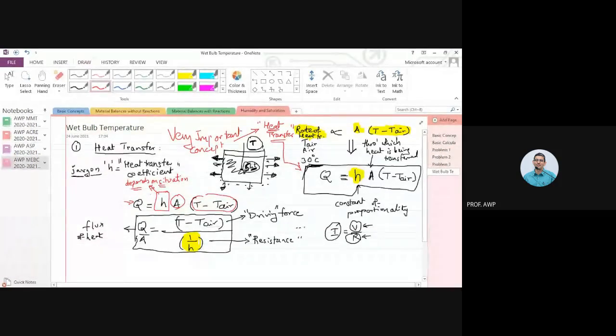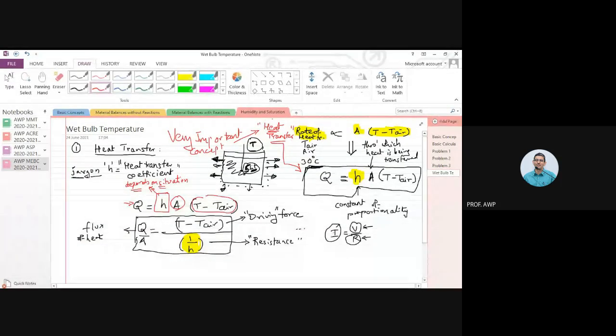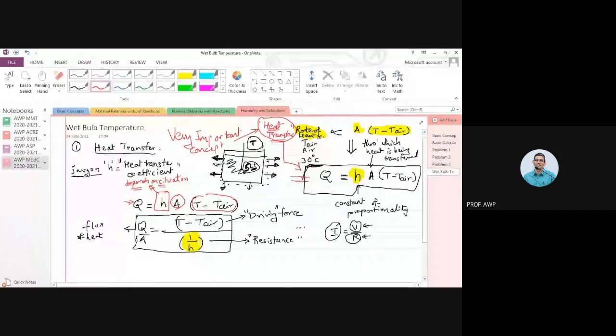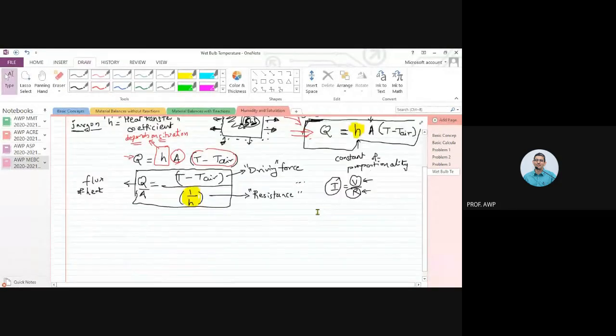If I have one fan, if it is on full speed, what is the value of H? If it is not running at full speed, what is the value of H? How do I calculate all that? All those things we are going to do in this course, but that whole concept is based on this one equation. Okay, that is one concept.